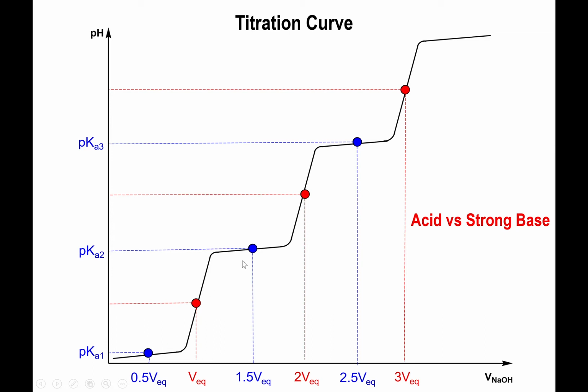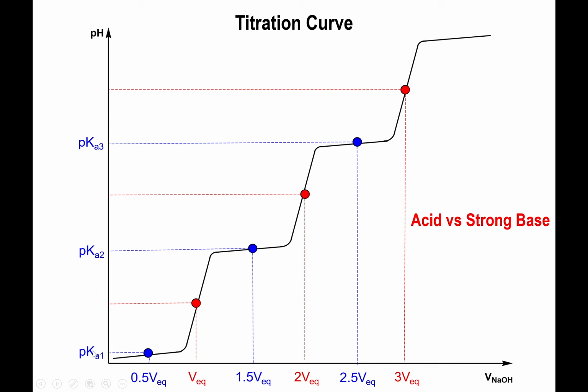Because we have multiple midpoints present, and because the volumes in between are basically equidistant, right? We are at half an equivalence volume for the first midpoint, and we're at 1.5 equivalence point volumes for the second one. And of course, the equivalence point follows exactly in between them.